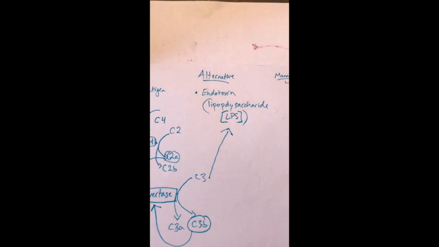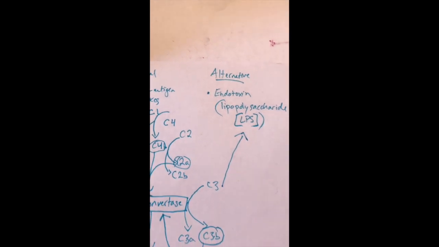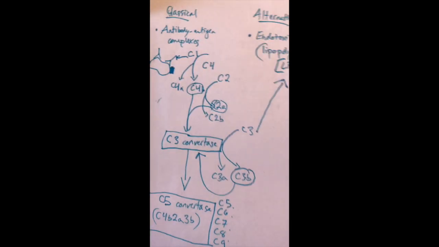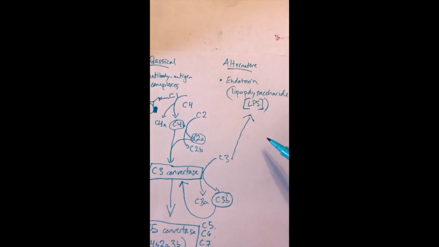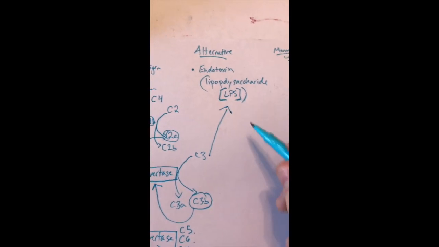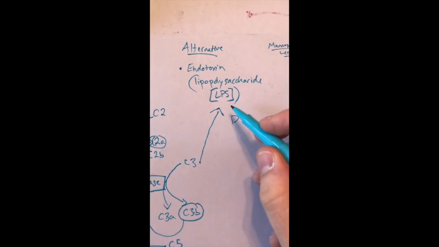I'm not going to include them, but they are called factor B and factor D, which follow, again, a really similar pathway. Factor D will cleave factor B. I will just write it.